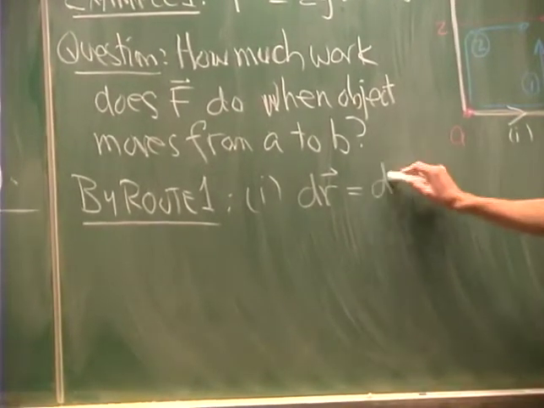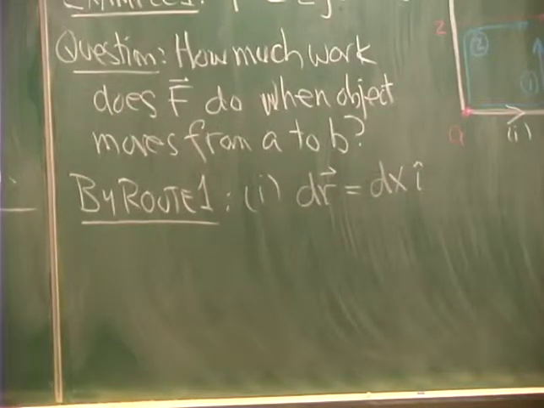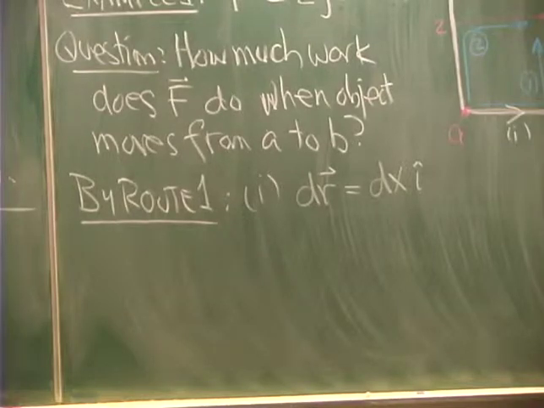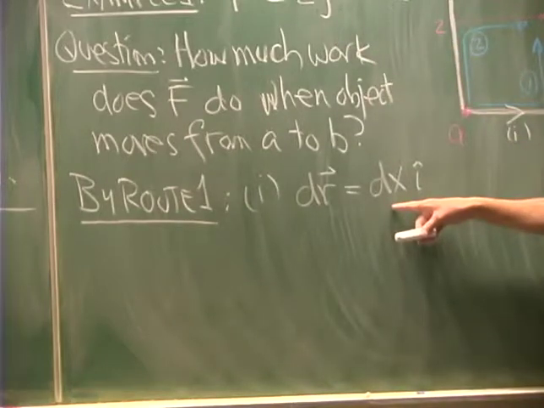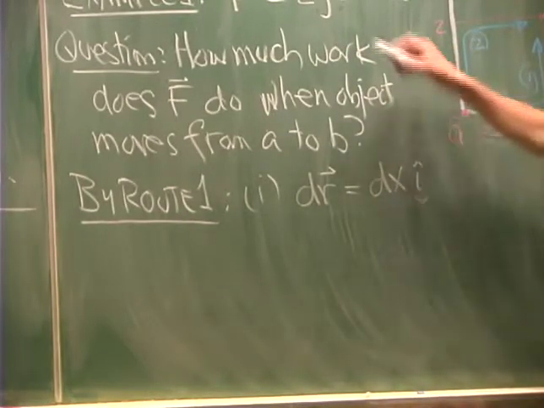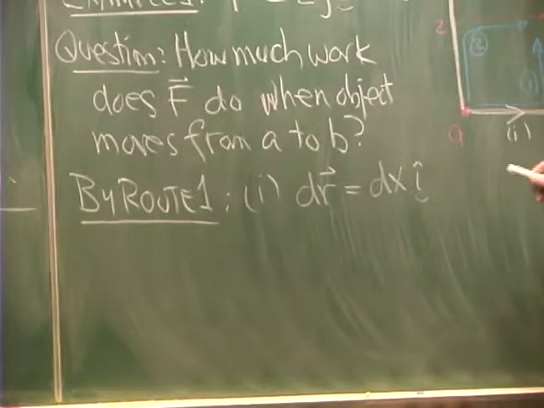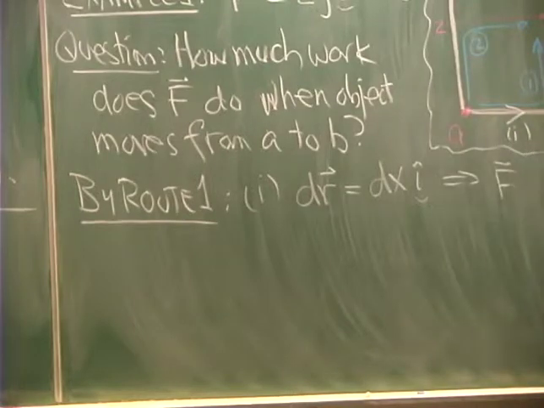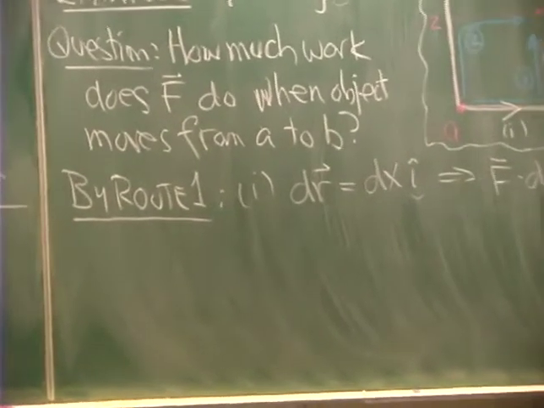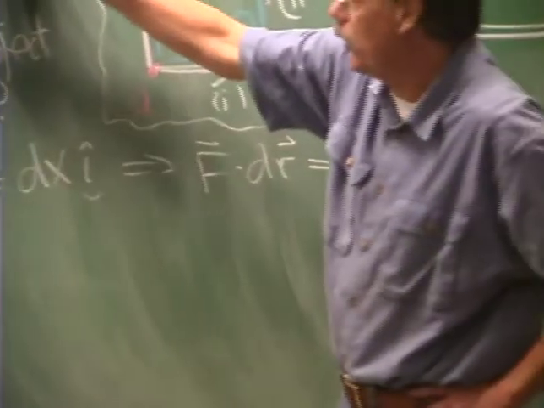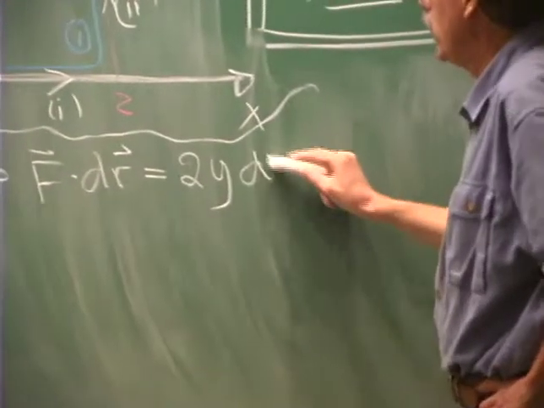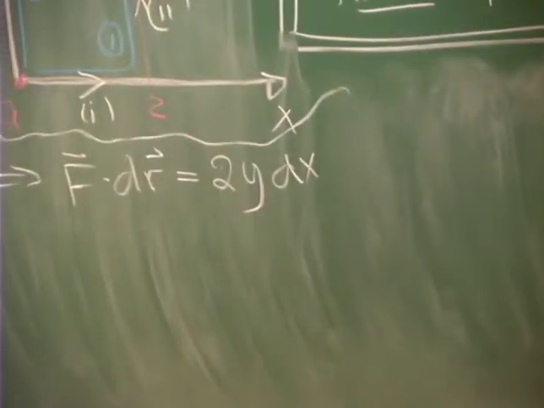This would be dx, and it points in the i hat direction. What happens when I take the dot product of F and dr? The dot product will pick out just the x component here, and I will get F dot dr is equal to 2y, the x component of F, times dx, the x component of dr.